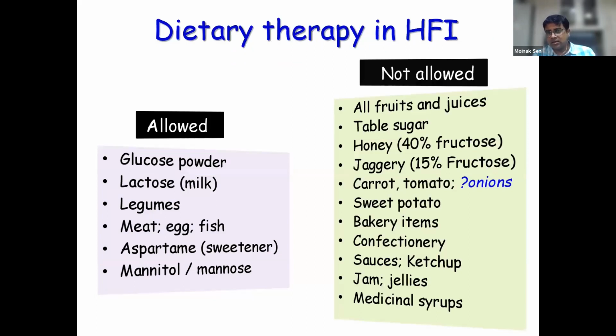So as it is common sense in hereditary fructose intolerance, you will not want to give anything that contains table sugar, fruits and juices, because all that contains fructose in it, and hence you will not be able to give. So you bank on a sugar source, which is the pure glucose powder, and the rest of the items.